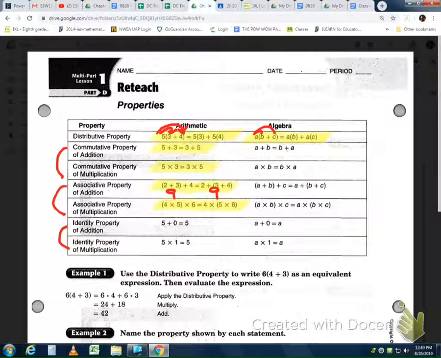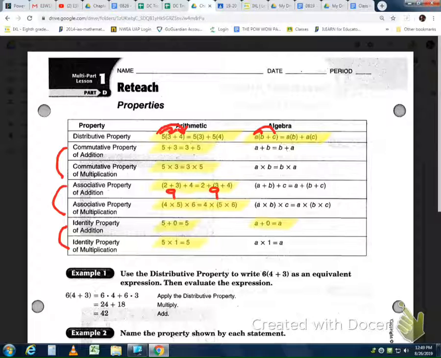So the additive identity, what can you add to something and not change its value? Brandon? 0. So the additive identity is 0. All right? And then what can you multiply by that doesn't change the value of something? 1. So 1 is the multiplicative identity.